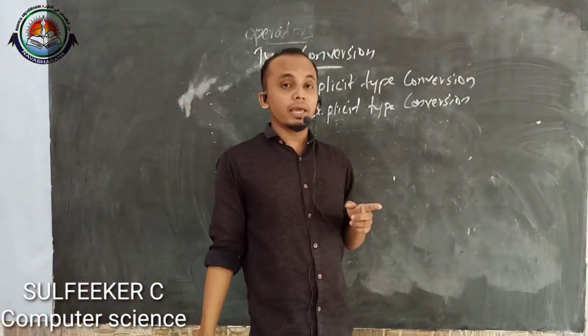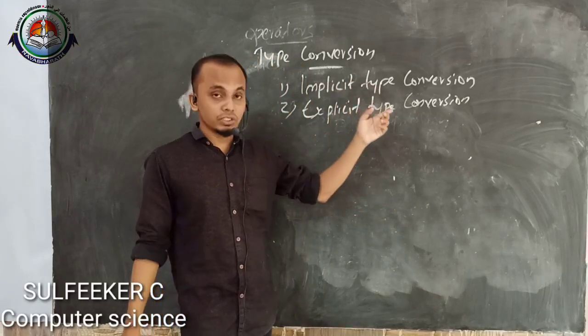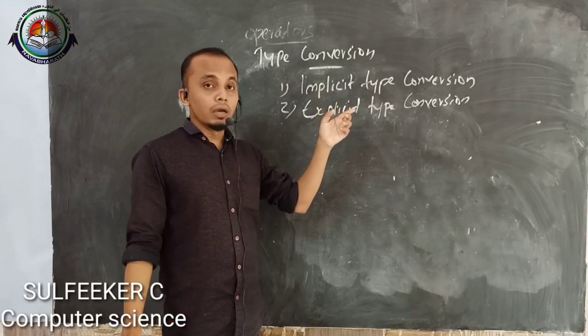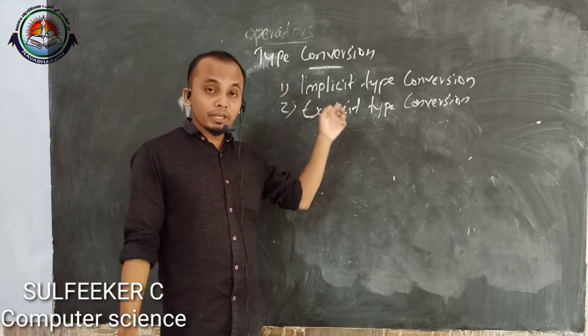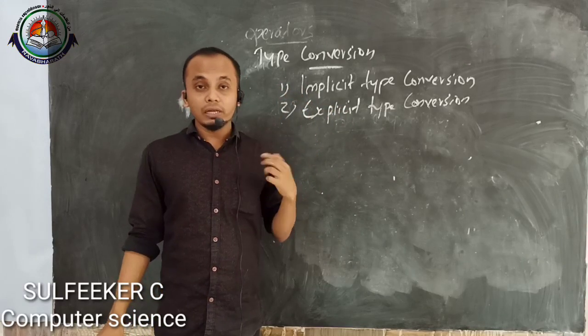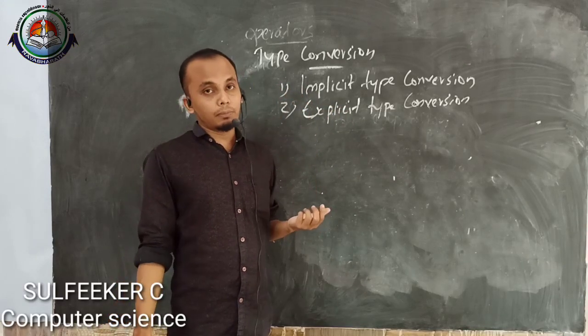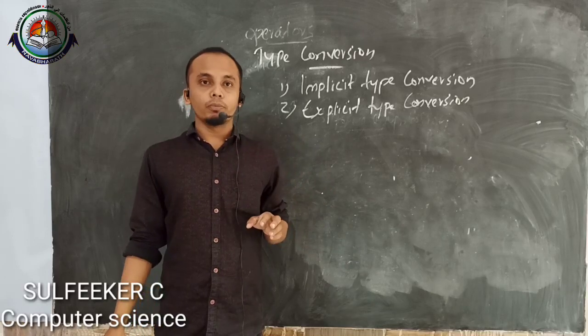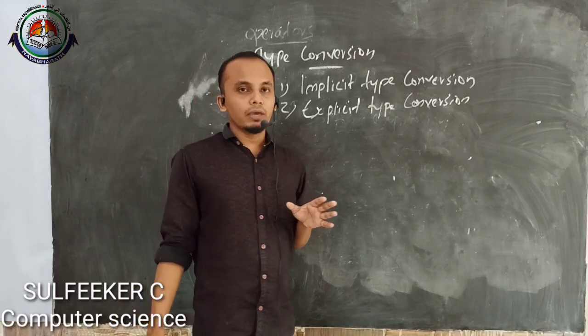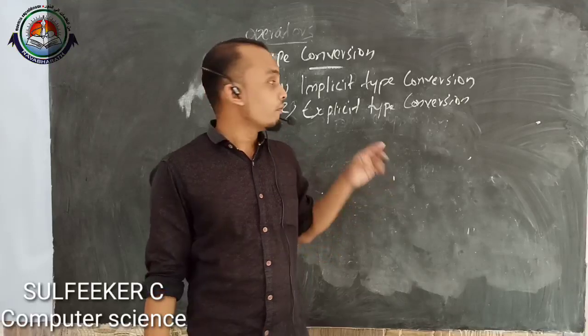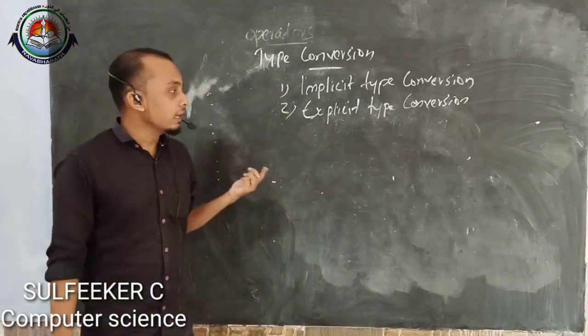What is implicit type conversion? It is a data type conversion where one data type will automatically convert to another data type without any user's involvement.